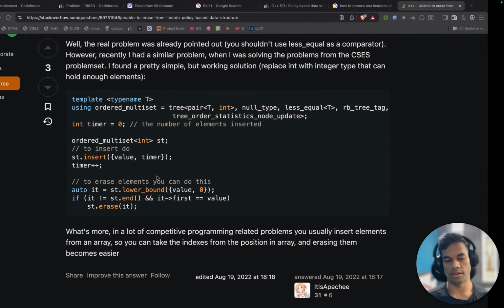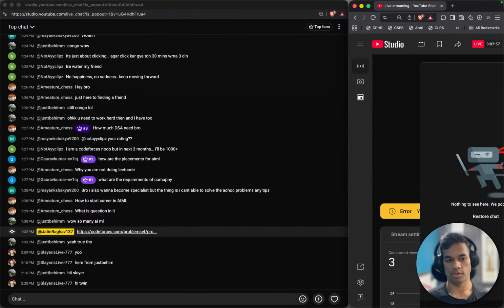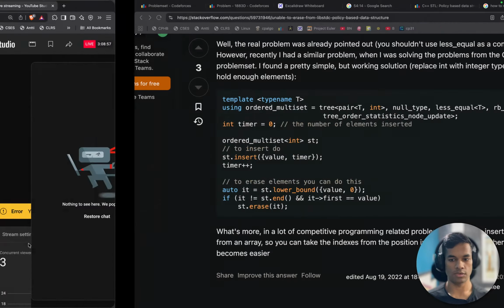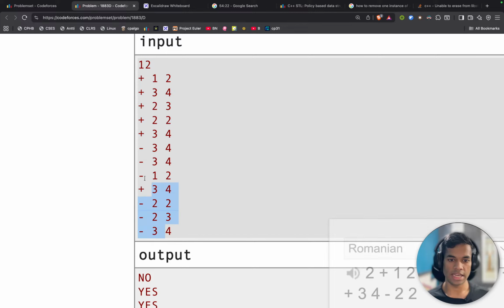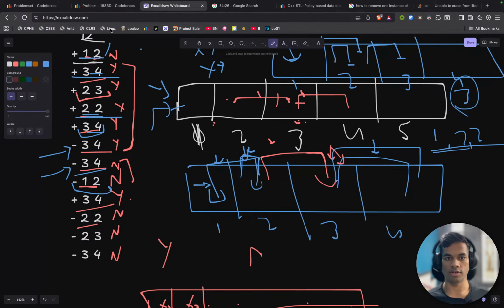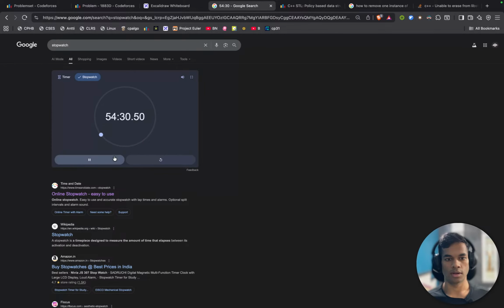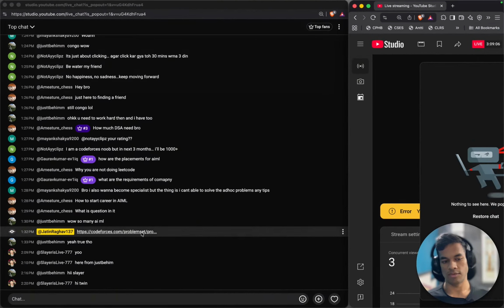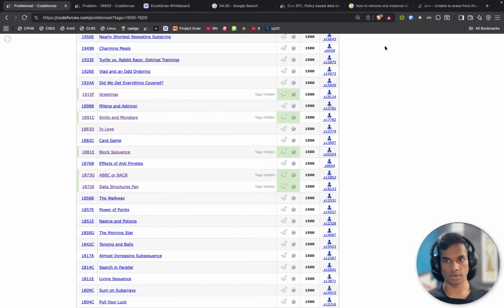Okay, yeah, it doesn't work. You have to figure out some way to remove these elements. And we already have the whole solution. We are just unable to make this policy-based data structure work out. And anyways, yes, we will do that tomorrow.